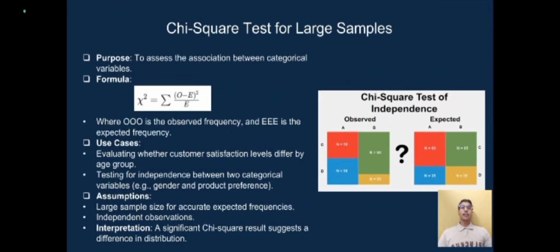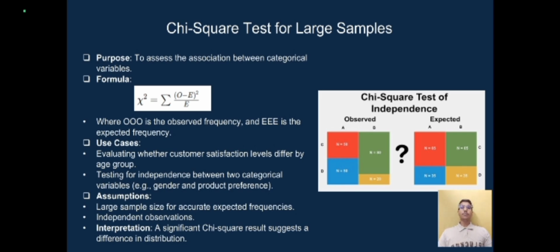The chi-square test is powerful for categorical data analysis. It helps us understand if two variables are related. For example, if customer satisfaction differs across different age groups. The formula: this test compares observed frequencies against expected frequencies, with large deviations indicating potential relationships between variables. When to use?